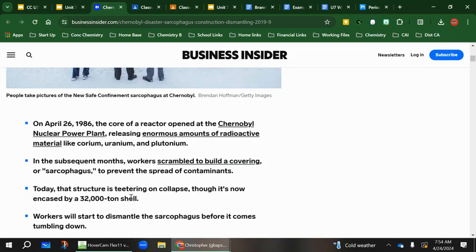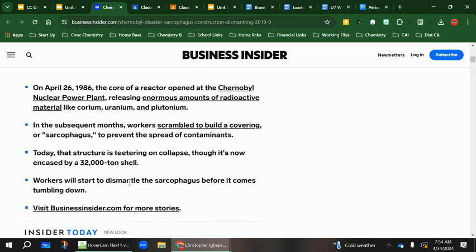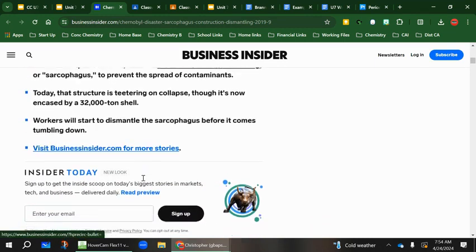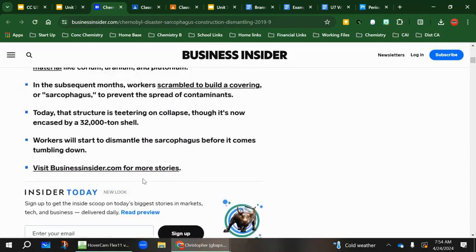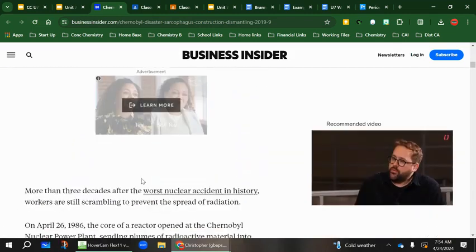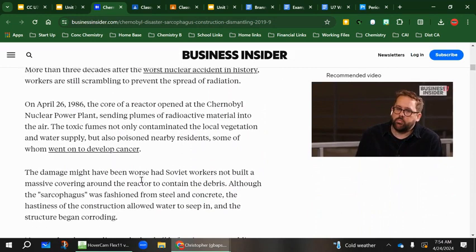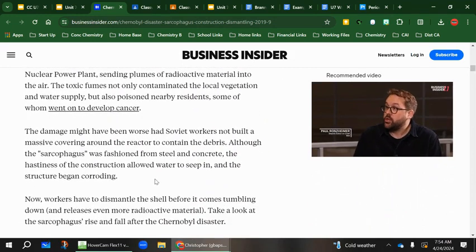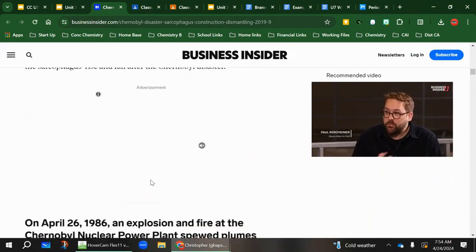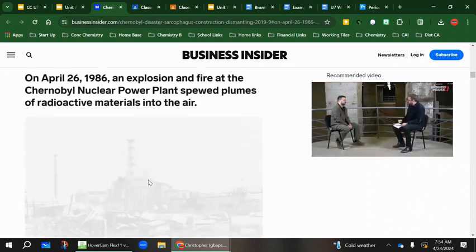It was basically, let's cover this stuff up, let's make sure it's not leaking radiation anymore, let's make sure it's not hazardous. Then they started to dismantle it and take it down after they put up this new building. Again, they had a lot of problems with it.